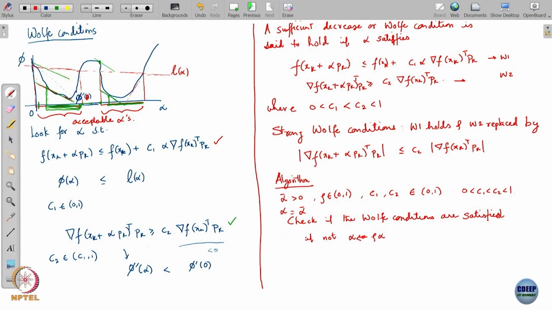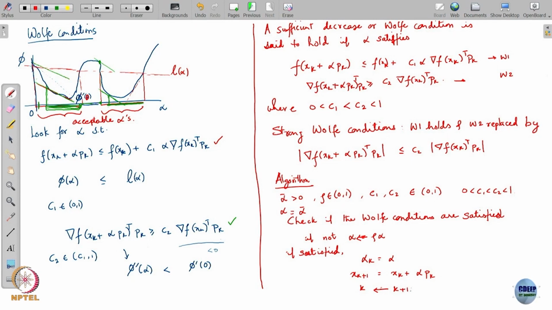If satisfied, you define alpha k as alpha, and the next iterate x k plus 1 is defined as x k plus alpha p k. And then you reset k to be k plus 1.